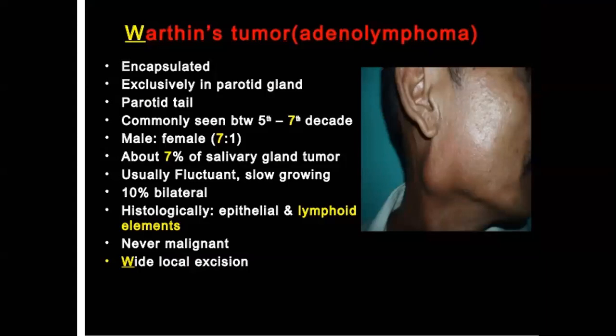About 7% of salivary gland tumors, usually fluctuant and slow growing. 10% are bilateral, histologically with epithelial and lymphoid elements. They are rarely malignant and you can do a local excision in the Warthin's tumor.